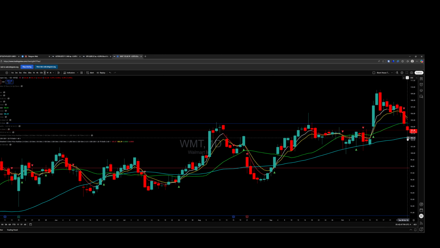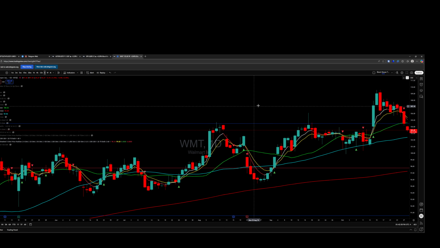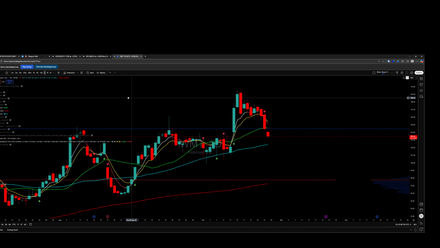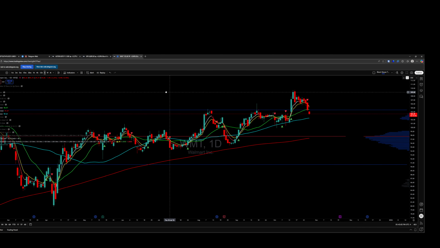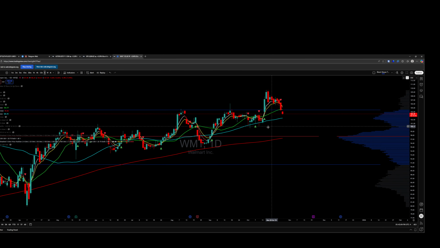When you come back to test the 50 again, are you going to get a continuation off the 50, or does it break the 50 and start looking for the next level down, which is the 200? And where does the 200 sit? Lo and behold, right in here with the point of control on the volume profile.